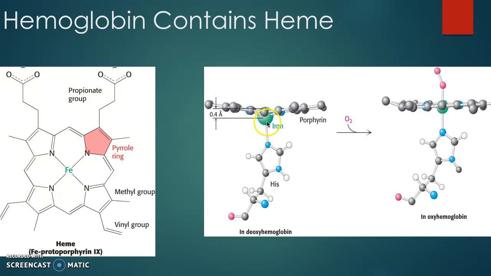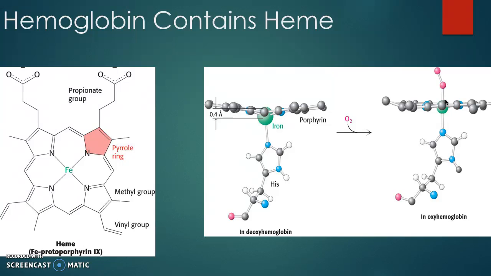But when oxygen binds and the electrons get switched around, that iron actually becomes smaller and can fit in that plane, and it stabilizes the molecule. The oxygen is also stabilized in the molecule by binding to the distal histidine.